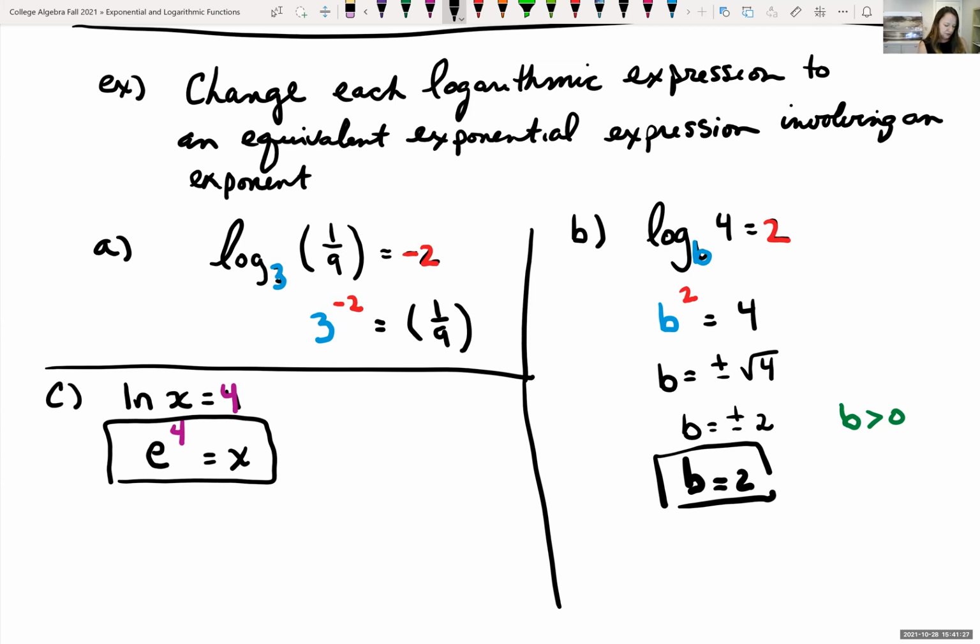And then they might ask you after that to estimate. I'm just going to pull up e on my calculator, which is a lot of times above the natural log button. You have to push second. So e to the fourth is approximately, let's round to the nearest tenth, 54.6.